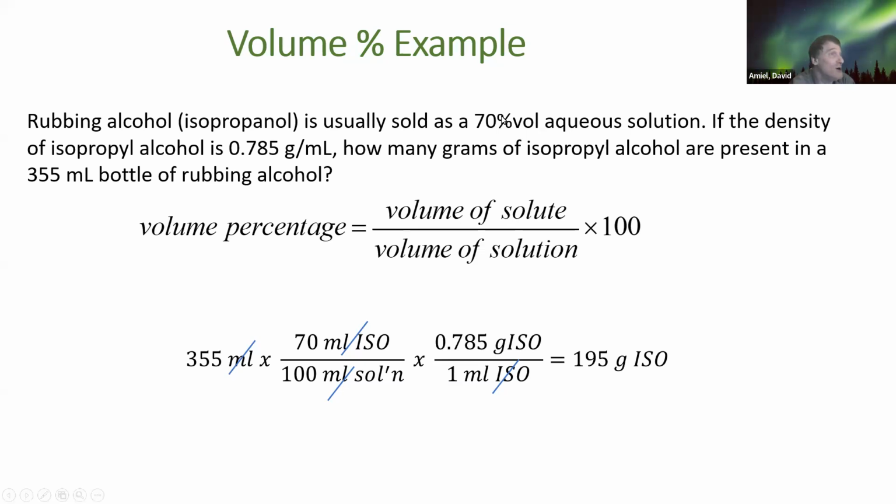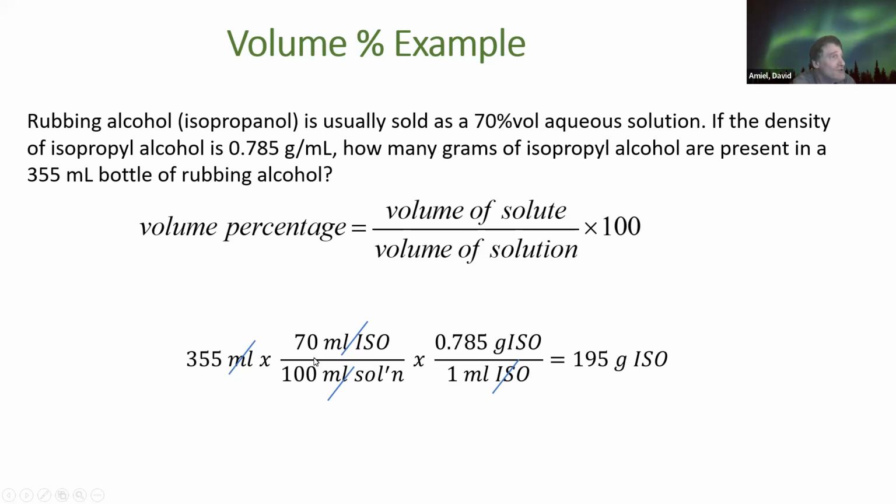It would also mean that there are 70 liters in 100 liters, but I chose the units of milliliters because I noticed my density is in milliliters and the bottle is in milliliters. So I didn't really need to convert to liters at all in this problem.